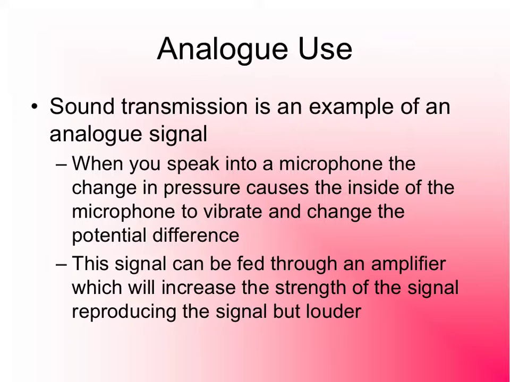And there's a little electromagnet in there that starts to oscillate back and forth, and it creates a potential difference inside the microphone. That gets converted to a signal, which is then fed through an amplifier, and the amplifier simply magnifies the strength of the signal coming in. And so you can have any variety of levels in that type of situation.